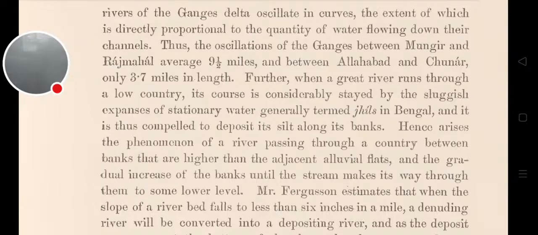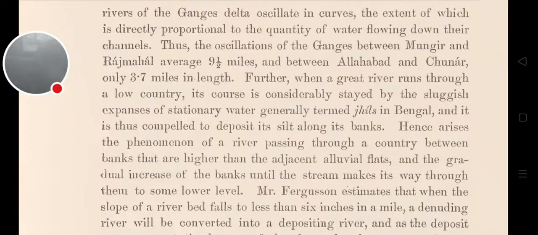Thus, the oscillations of the Ganges between Mungir and Rajmahal average 9.5 miles, and between Allahabad and Chunar only 3.7 miles in length. Further, when a great river runs through a low country, its course is considerably stayed by the sluggish expanses of stationary water, generally termed jheels in Bengal, and it is thus compelled to deposit its silt along its banks.